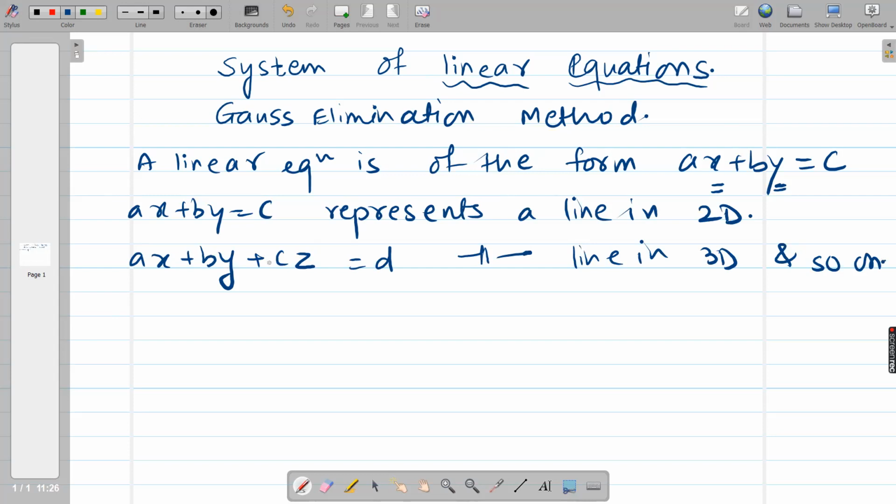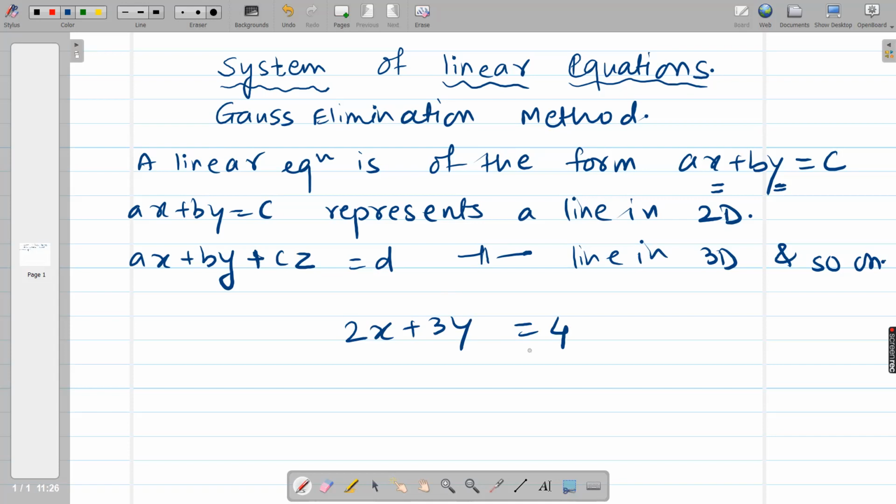When you have more equations, you can call it a system of linear equations. All of us know that a line has infinitely many points. It is a collection of infinitely many points. If I consider an equation of the form 2x plus 3y is equal to 4, what do you mean by the solution of this linear equation?